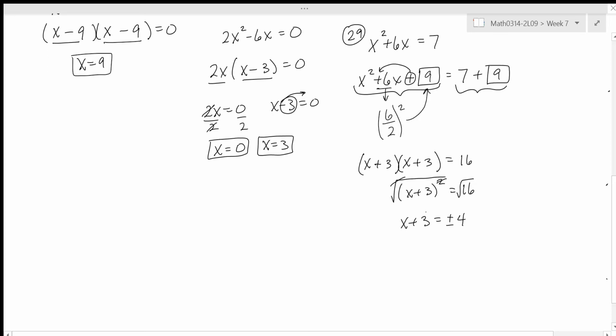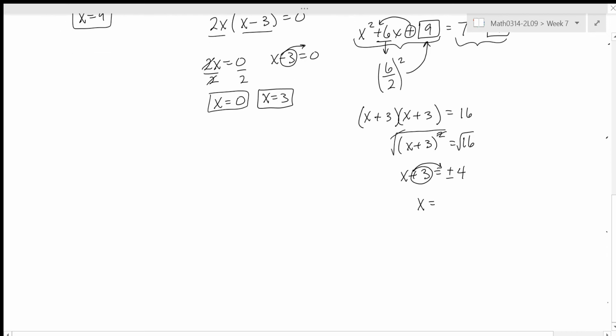And then I can bring the 3 over, and that's going to get x by itself. So that's going to give me -3 plus or minus 4. And then at this point, we can do the plus and the minus to get our two answers. So what is -3 minus 4?